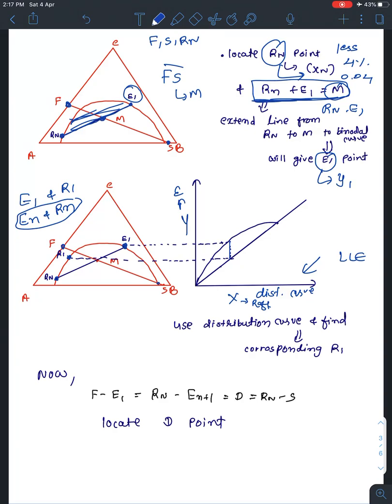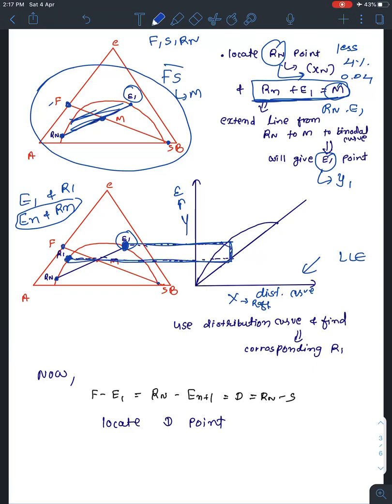So that is our next step. From all this procedure we have come up with this new point, R1, which is in equilibrium with this E1, and we got it from this distribution curve, as you can see over here. Okay, here we don't require any trial and error method because we know one point, which is E1. So from this E1 we can find out what our R1 is.